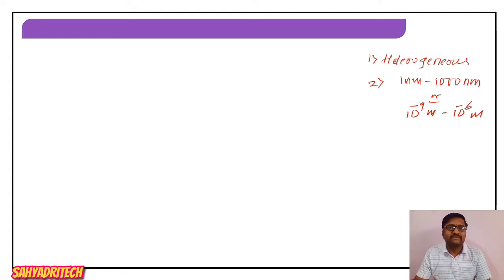Such mixtures are called colloids. The important things to remember: colloids are a heterogeneous system, and the size of the particles lies in the range of 1 nanometer to 1000 nanometer, or 10 raised to minus 9 meter to 10 raised to minus 6 meter, right?